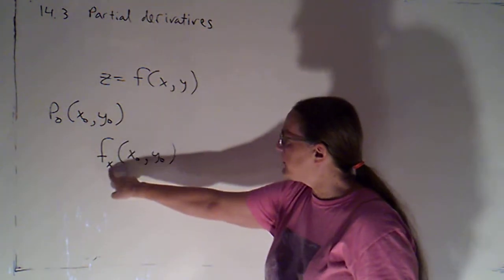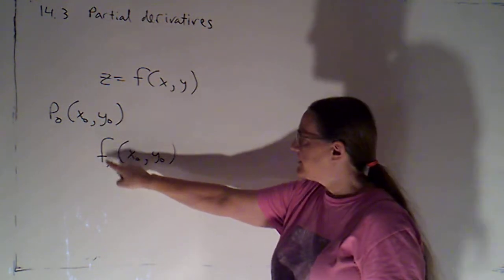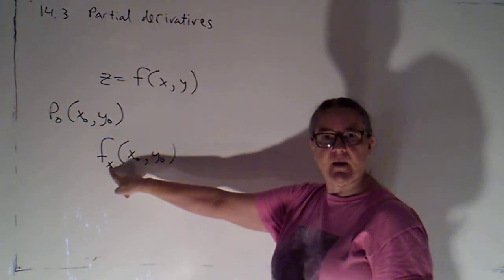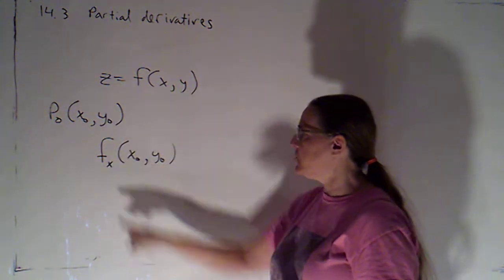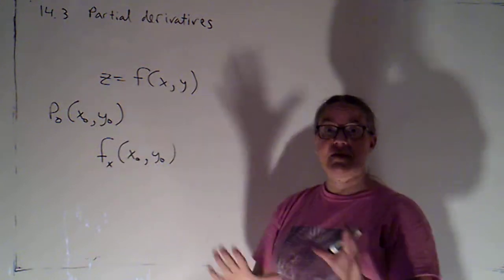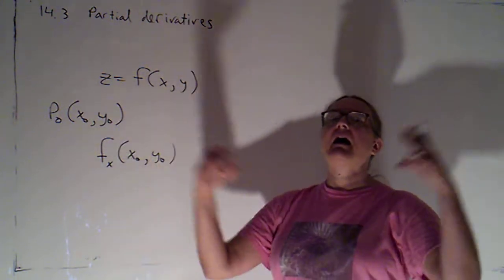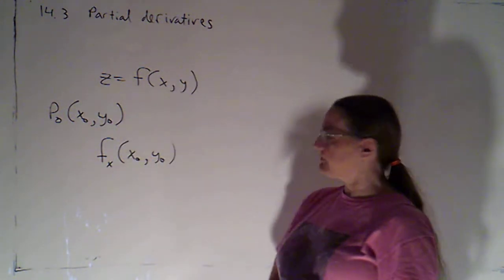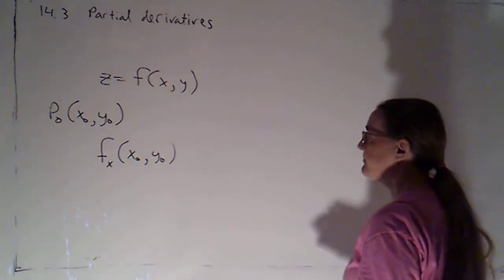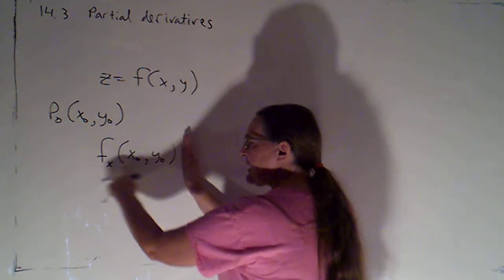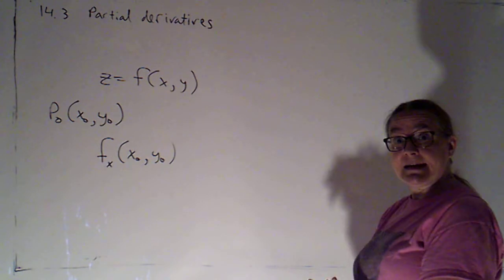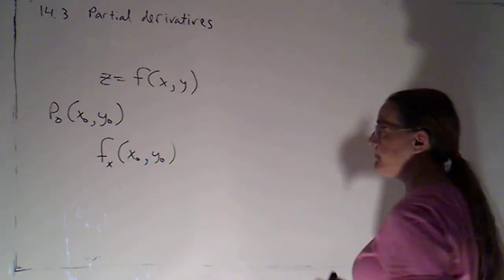One way is just to put a little subscript of x. So if you put the name of the function followed by a subscript, that subscript tells you that's my variable. So that tells me everything else I'm going to be holding constant. Okay. All right, and I'm looking right now at evaluating it at a particular point at P naught.